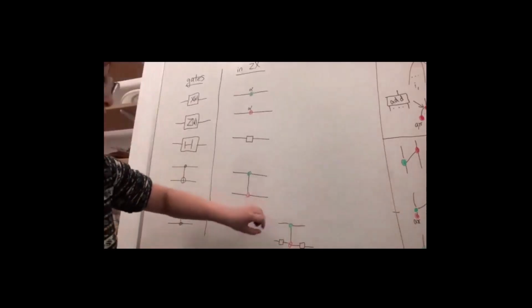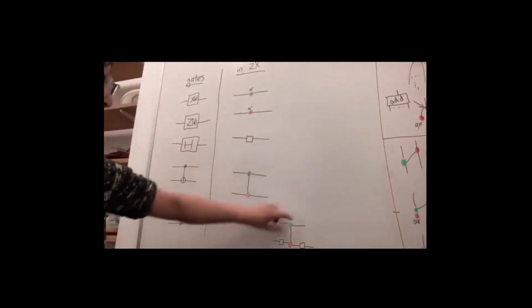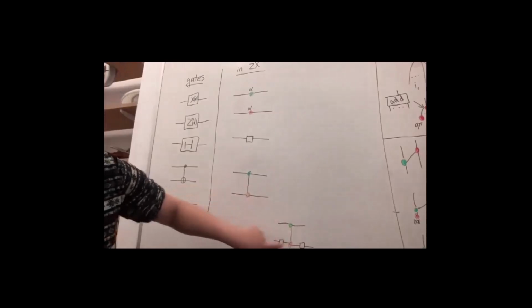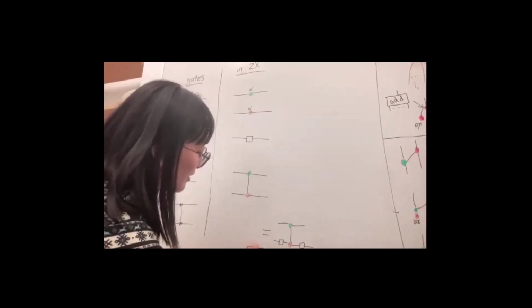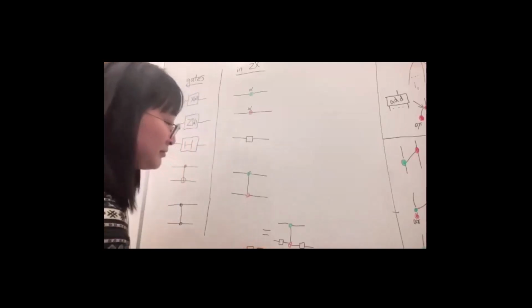The CZ gate is equal to a CX gate with Hadamards on both sides. And we can color change using the color change rule that Rosine mentioned last week. In addition to color change, we also recall that two Hadamards in a row is equal to identity.